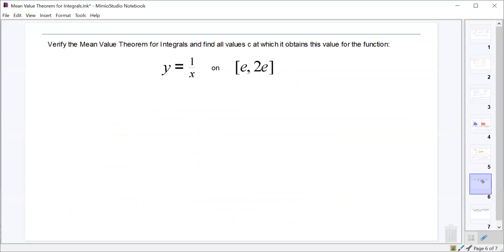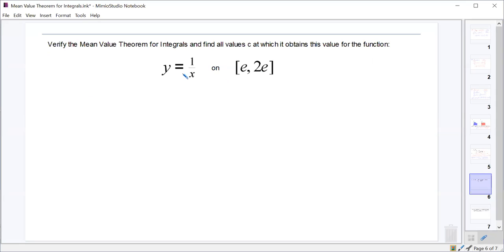All right, let's see if we can do this one. Let's verify the mean value theorem for integrals and find all values c at which the function obtains this value. How will we find this average value? What should we start with? Figuring out the domain.